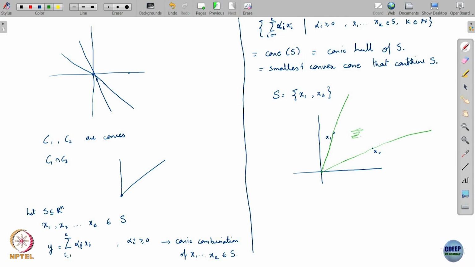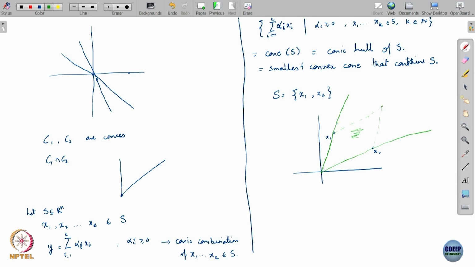But what about the conic hull? What is the conic hull of this x1, x2? When I take combinations alpha 1 x1 plus alpha 2 x2, where alpha 1 and alpha 2 are non-negative, what am I generating? Effectively, just think of your parallelogram from high school geometry.